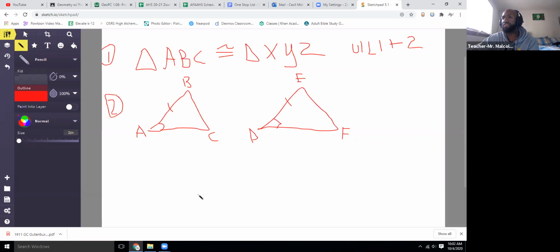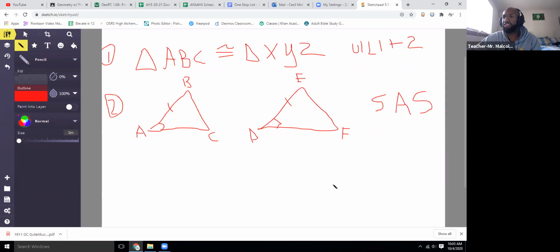Which piece of information, or what is a missing piece of information that you need in order to prove that this is a side angle side problem? Or what piece of information is missing to prove that this is side angle side? Okay, there's many ways to approach this problem.